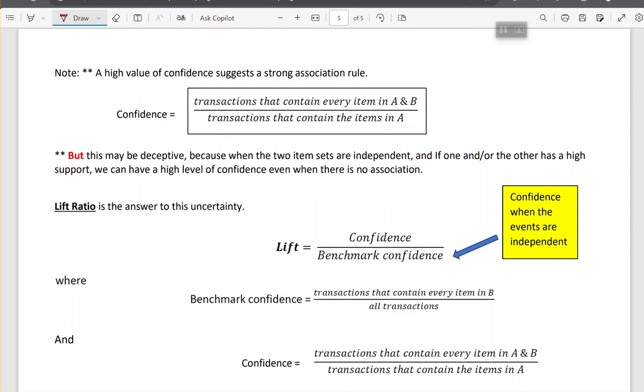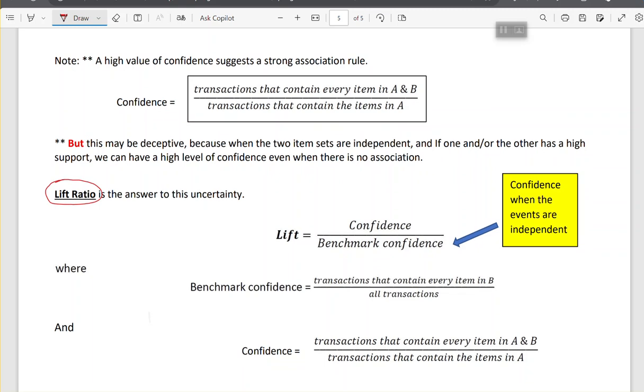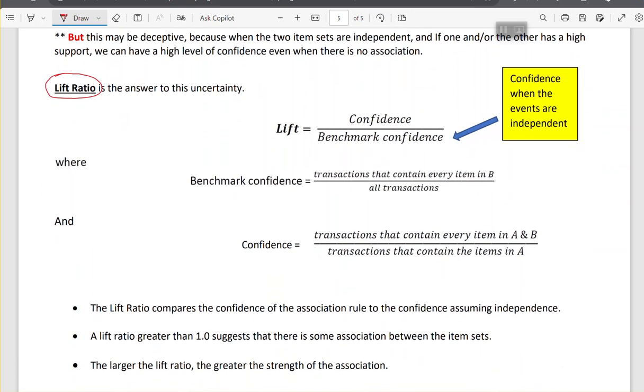To avoid this special case, we create another value we call the lift ratio. So what is the lift ratio? It is a ratio of two kinds of confidence.